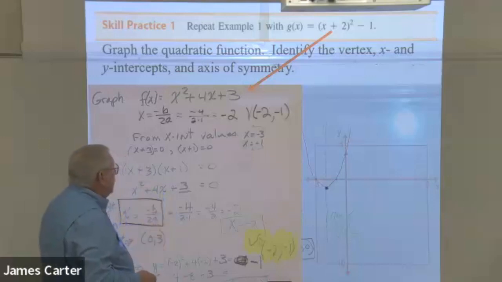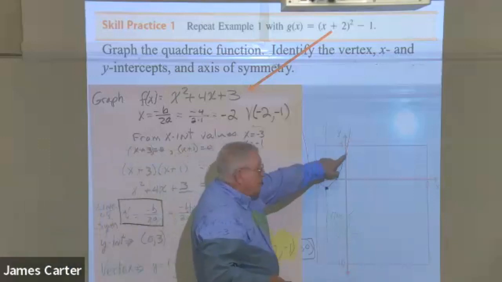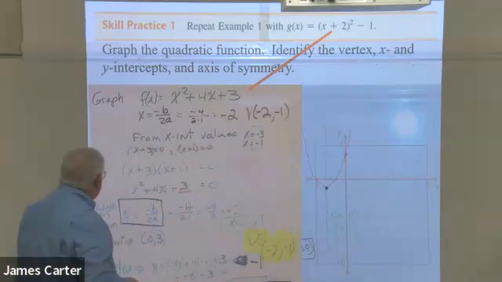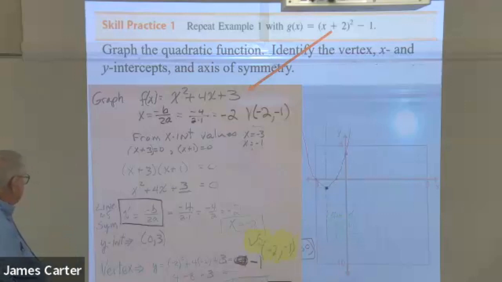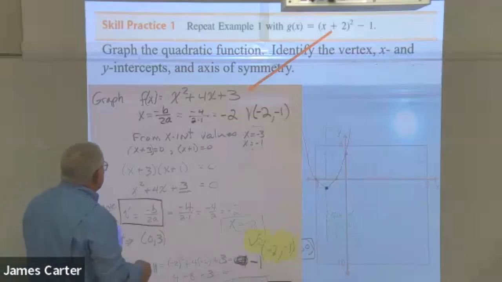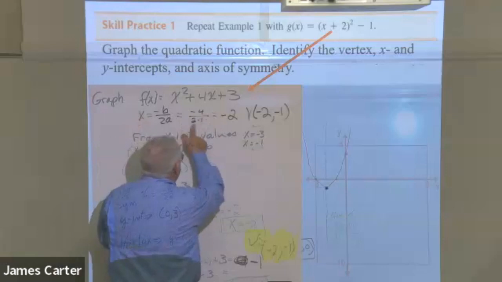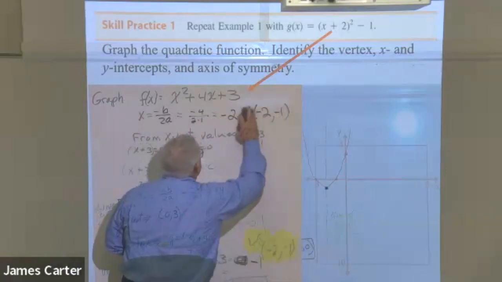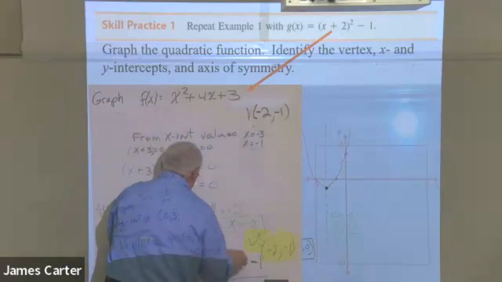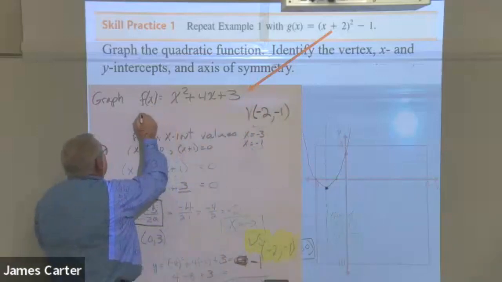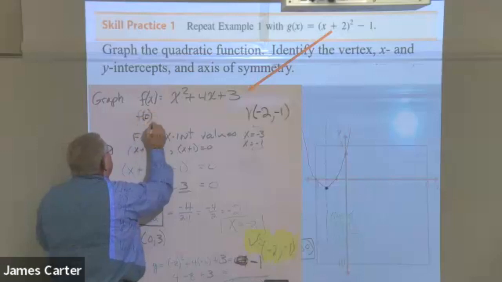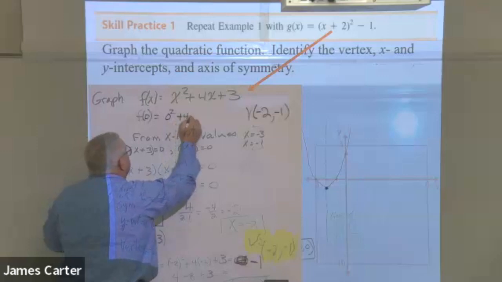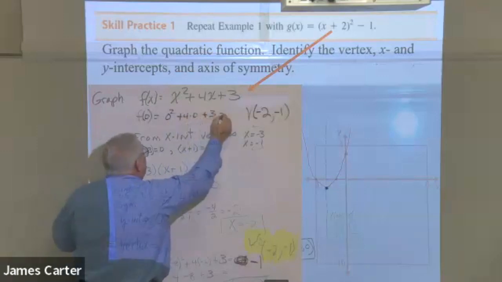Now, you can still find the y-intercept. How do we find the y-intercept? Well, we replace x with 0. Since I've got this actually duplicated right here, I'm going to erase this. To find the y-intercept, we replace x with 0. So 0 squared plus 4 times 0 plus 3 equals 3.